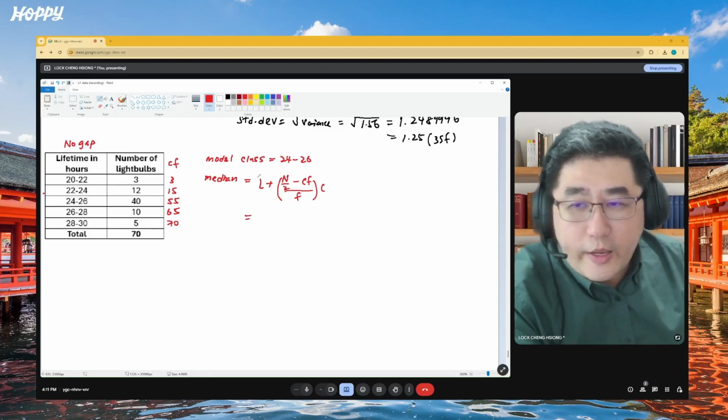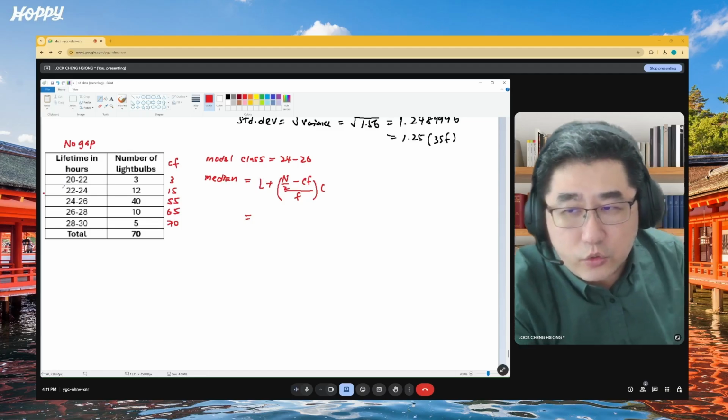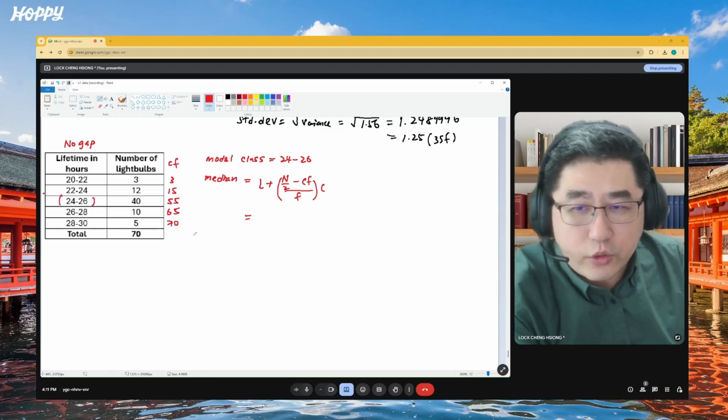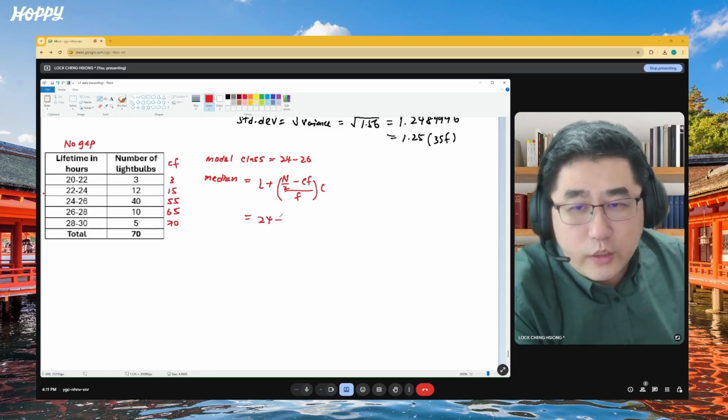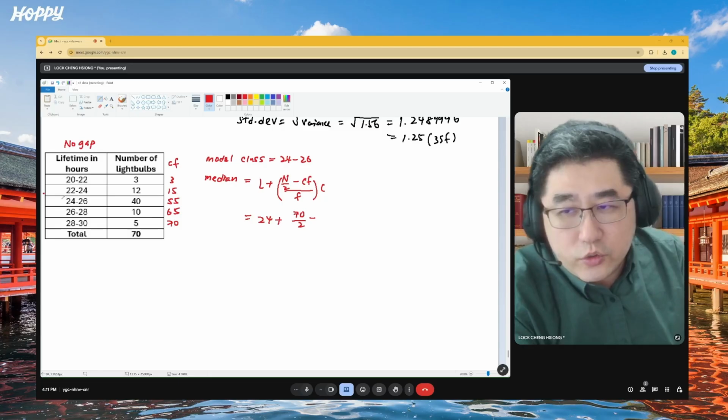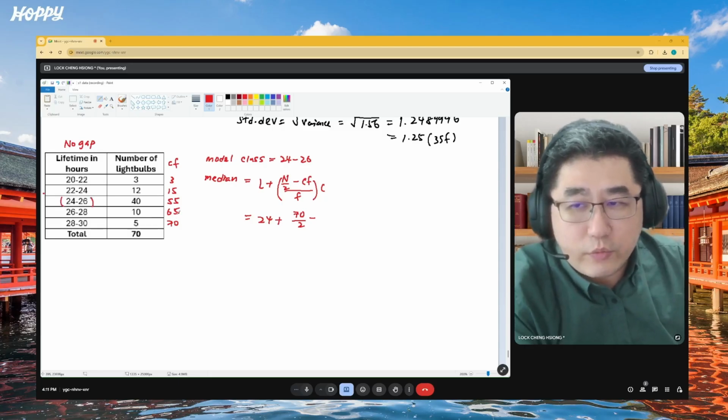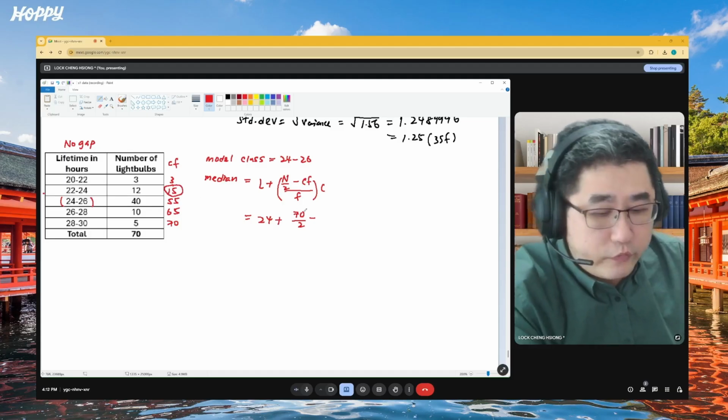L means the lower boundary of the median class. The median class we identified is 24 to 26, so the lower boundary is 24. Then plus 70, the total frequency, divided by 2, minus the cumulative frequency before that class, which is 15.